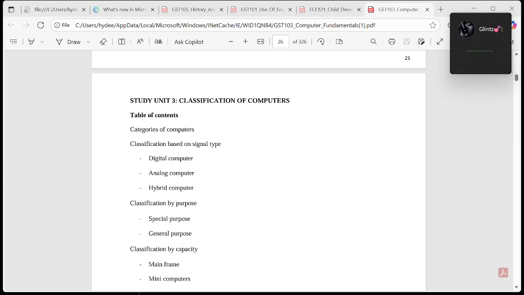Okay, so now for the fourth generation, well, this one is quite easy. VLSI and microprocessor. Now, the VLSI allowed the integration of hundreds of thousands of components onto one single chip.